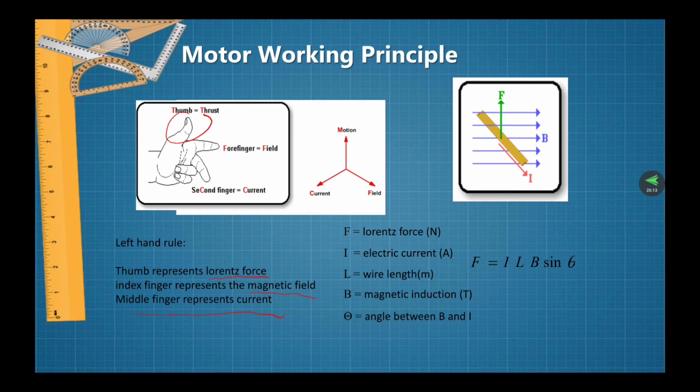And we can see this is the magnetic vector, and this is the Lorentz force, and this is the electric current, and this is the magnetic induction B in tesla, and then this is the electric current in amperes.